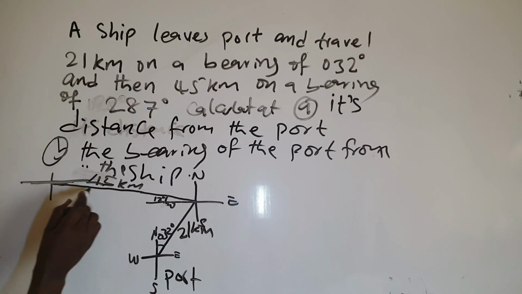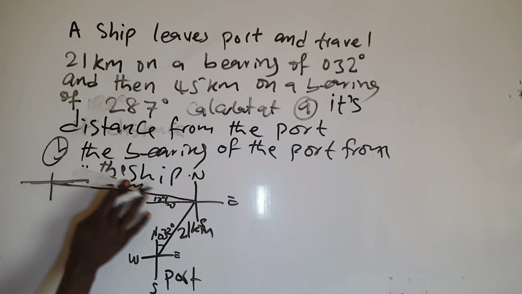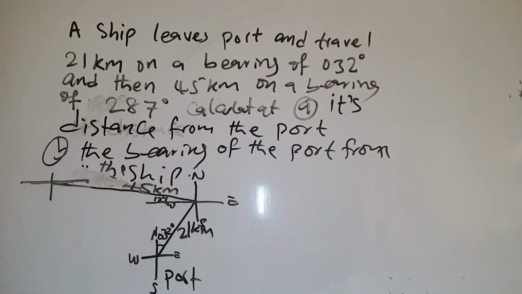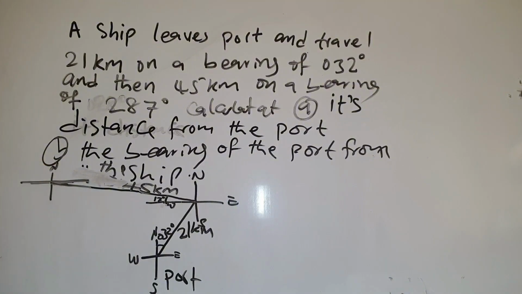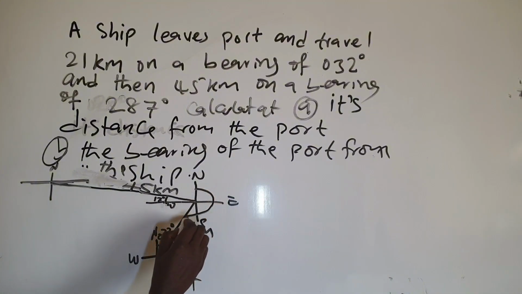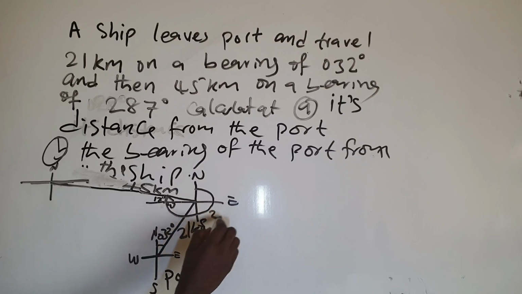Remember that here will be 45 kilometers. This is where the ship stopped after making a distance of 45 kilometers. And remember that the bearing of this ship is from here, moving like this, to 287 degrees.